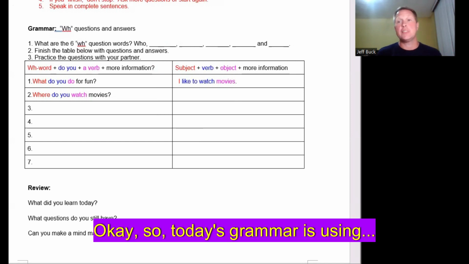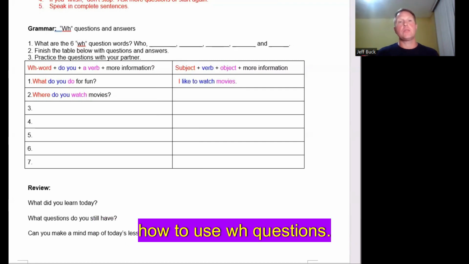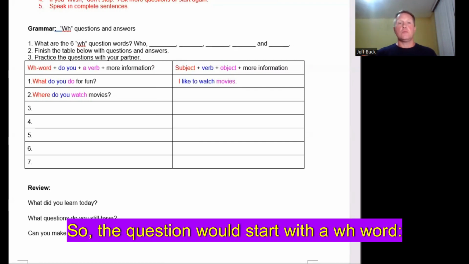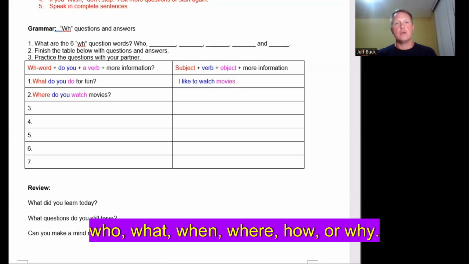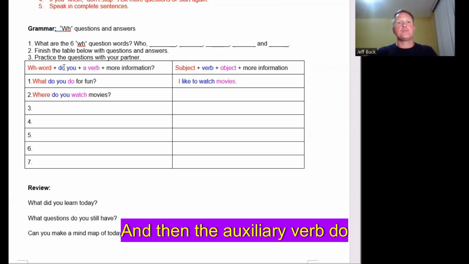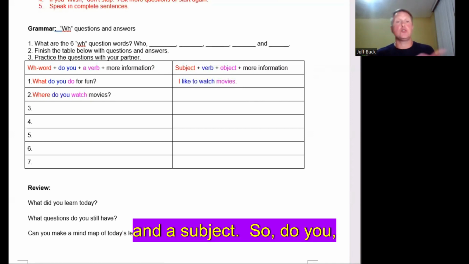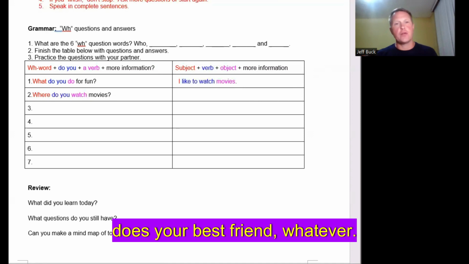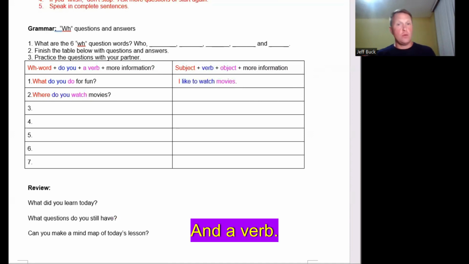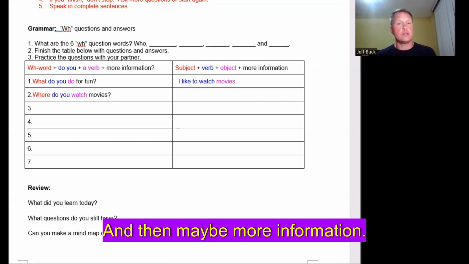Okay. So today's grammar is how to use WH questions. So the question would start with a WH word: who, what, when, where, how, or why. And then the auxiliary verb do and a subject. So do you, does your mother, does your best friend, whatever, and a verb, and then maybe more information.